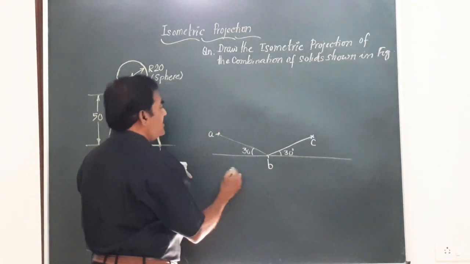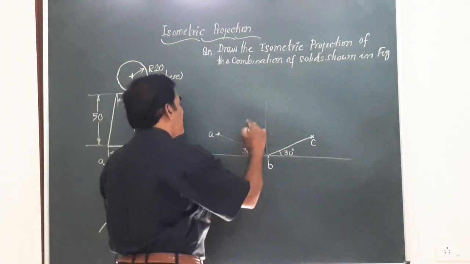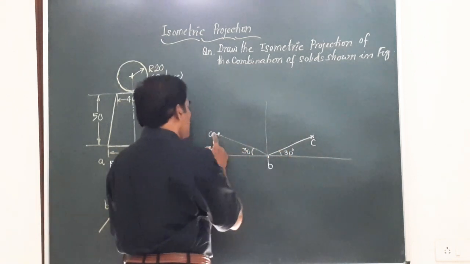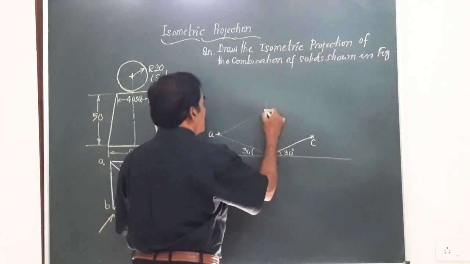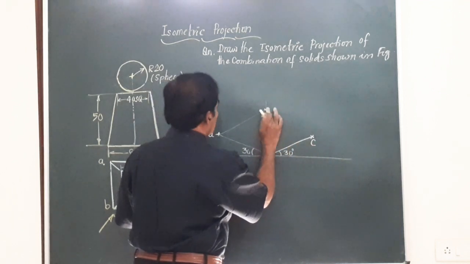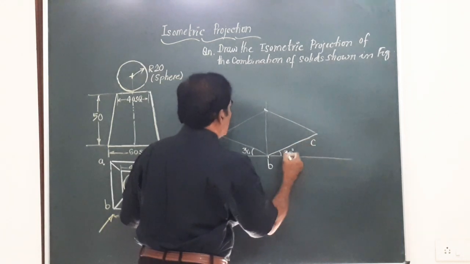We have got ABC. Draw a thin vertical line through that. From here, draw a line parallel to BC. Through A, draw a line parallel to BC. Suppose this is going to be like this, and if we join here, you will get the base of the solid.